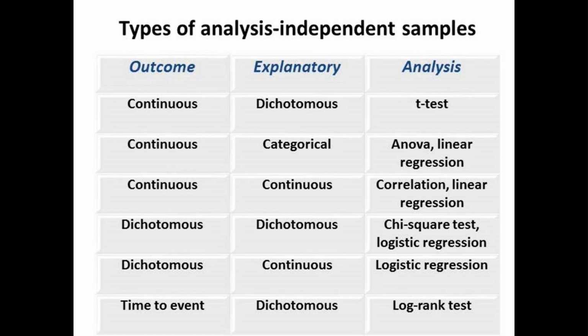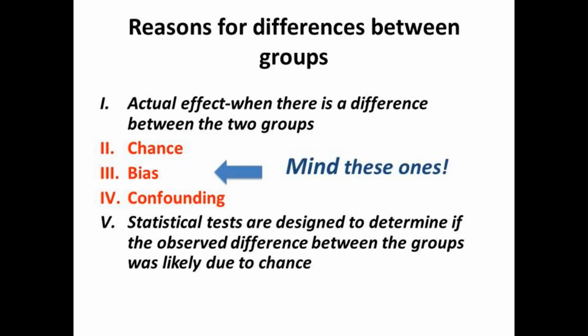These are just examples. However, we can have differences between the different groups that in a way or another are related to our primary and secondary outcome. And in my opinion, we should always take into account the actual effect when there is a difference between the groups, and we have to look at the chances, biases, and confounding factors.